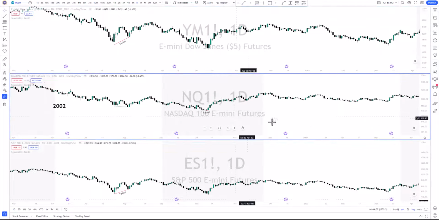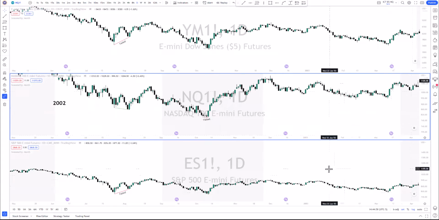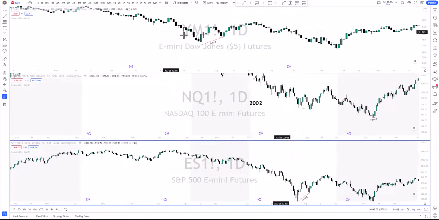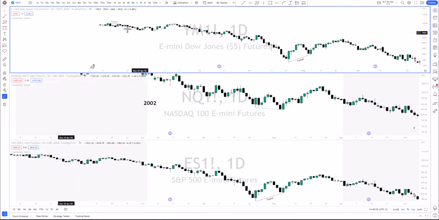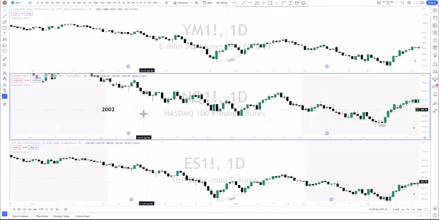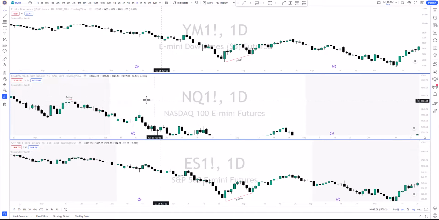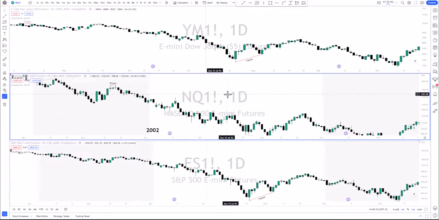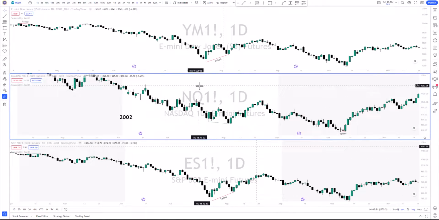So if we're looking here, let me go back. There we go. This is in the April timeframe. You can see we failed to make a higher high in the Nasdaq, and so we start to drift lower after that into those summer months.